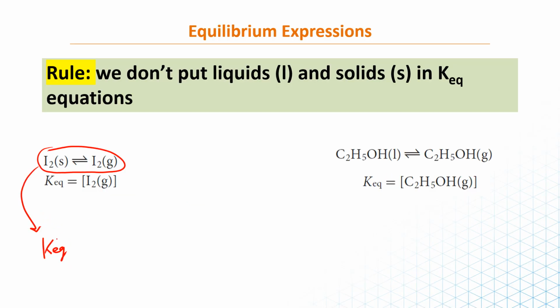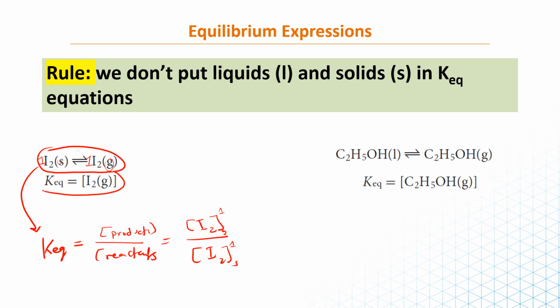If we want to write the K equilibrium for this reaction, it will be products over reactants, right? So it will be I2 over I2. Now this is gas and this is solid. هاي gas اللي فوق وهاي solid. طبعا هني واحد وهني واحد فما نحط الباور of one here.